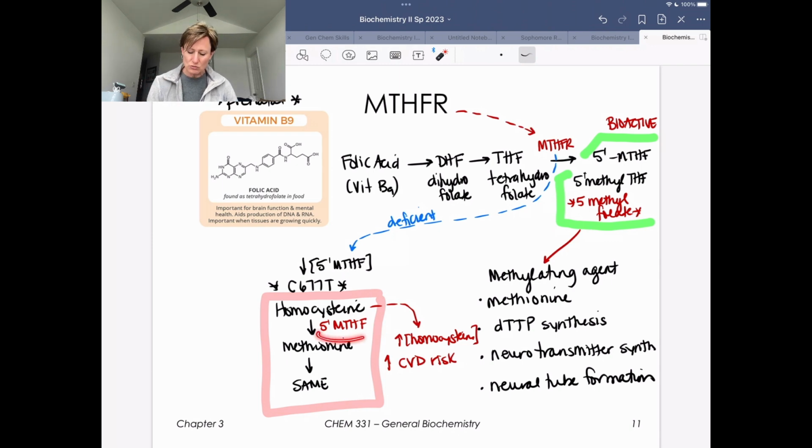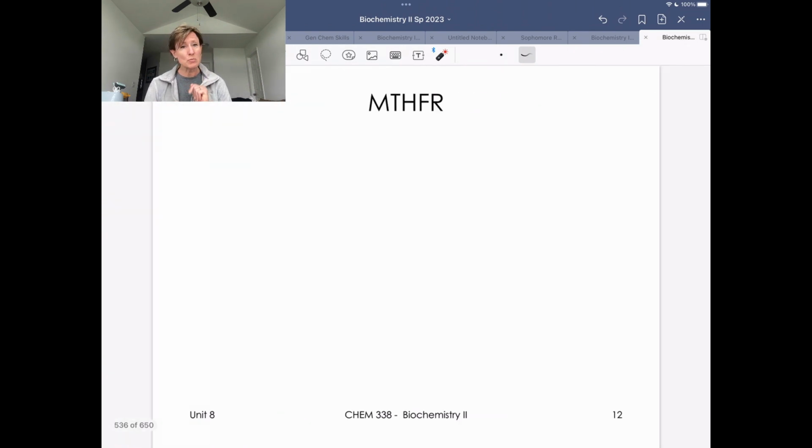But again, if you do not have sufficient levels of 5-methylfolate because you are MTHFR deficient, that means you are going to have elevated levels of homocysteine and insufficient levels of methionine. High levels of homocysteine are known to increase your cardiovascular disease risk. So we're going to tie this all together as we connect it to methionine metabolism. That's what we're going to see on the next slide.